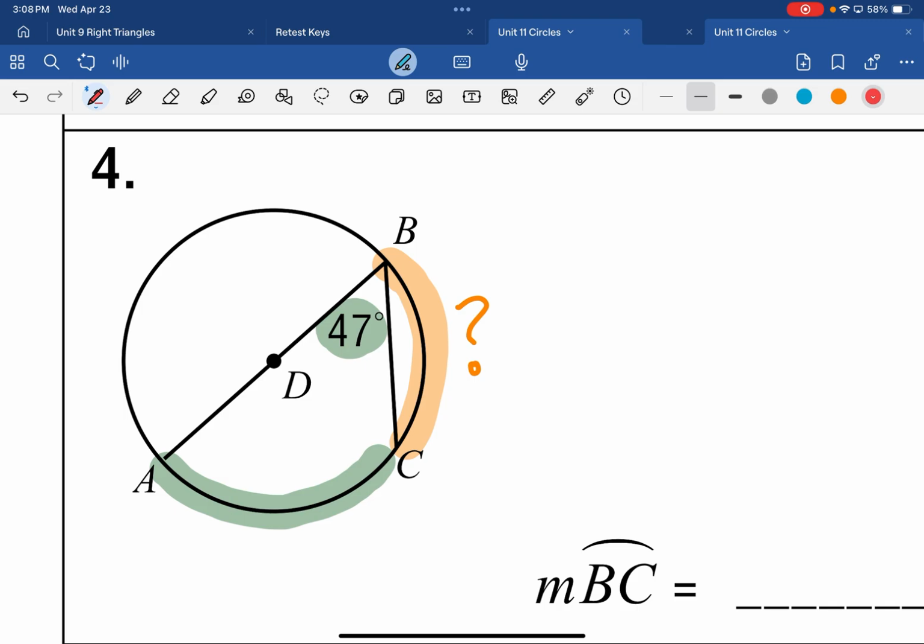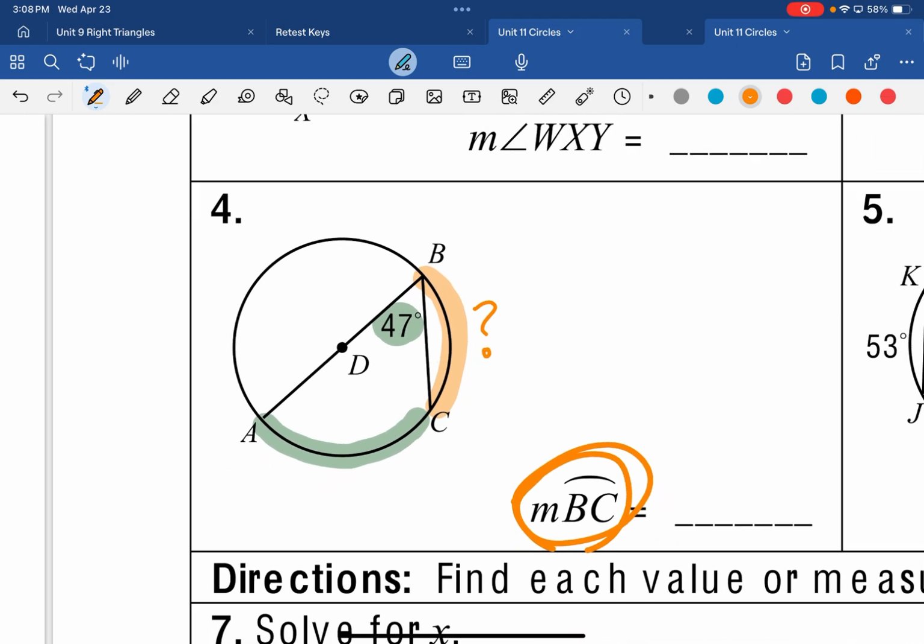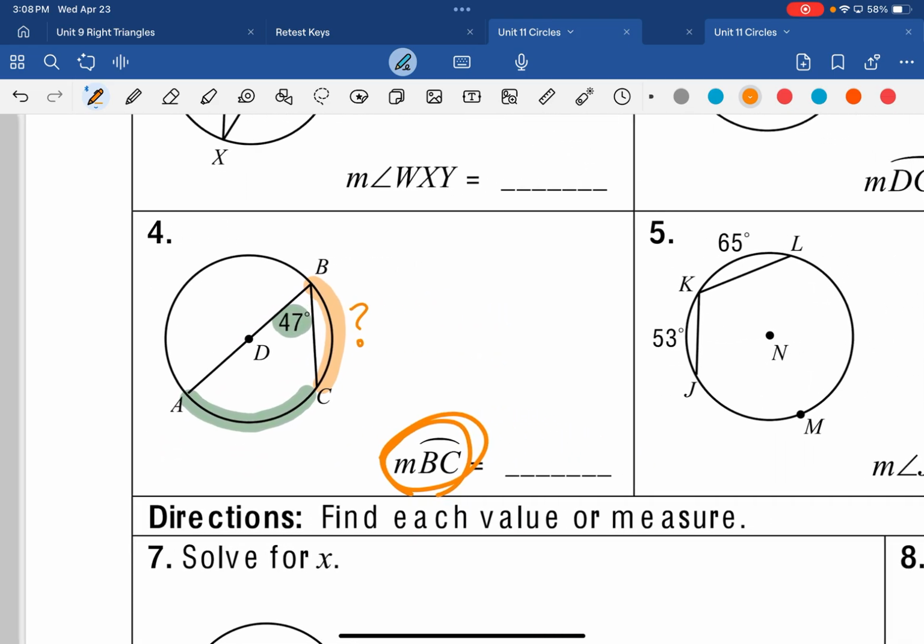It's finding AC. So, yes, that's the right process, but we have to find AC first, then we find BC. But you have to be careful, because what people were doing is they were finding AC, they were writing that number down because they were not reading what the question was actually asking you for. And the question's asking you for BC, not AC. So be careful about those little details when you're solving problems, okay?